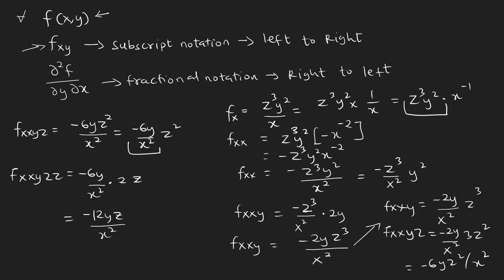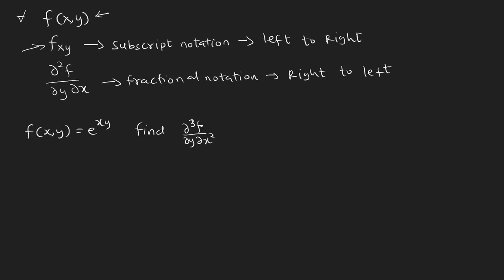Okay, so we are going to take an example for the fractional notation also. So let's look at that. We have this function here, f of xy equals e to the power xy, and you have to find the third partial derivative. What you have here is the fractional notation.